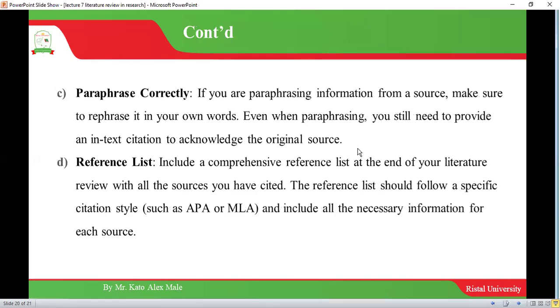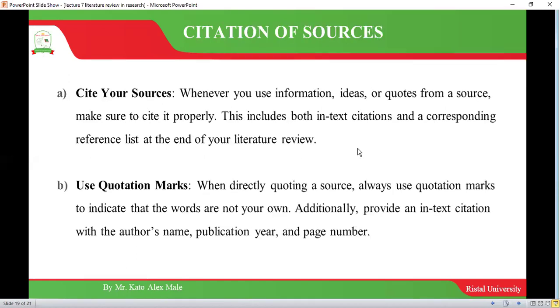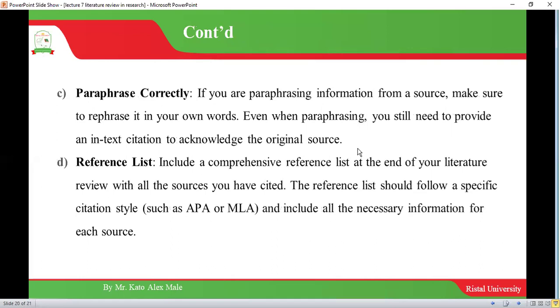Then paraphrase correctly, meaning if you are paraphrasing information from a source, make sure to rephrase it in your own words. Even when paraphrasing, you still need to provide an in-text citation to acknowledge the original source. In the previous point, we said use quotation marks. That one was important when you are saying someone's words directly.